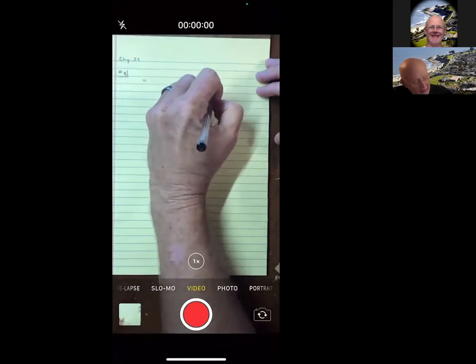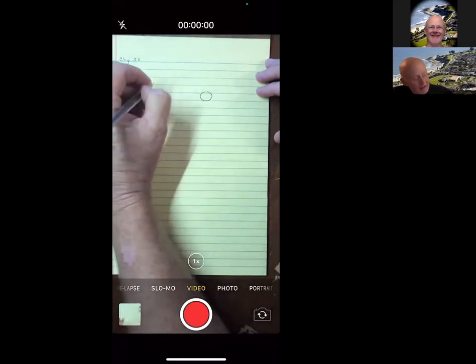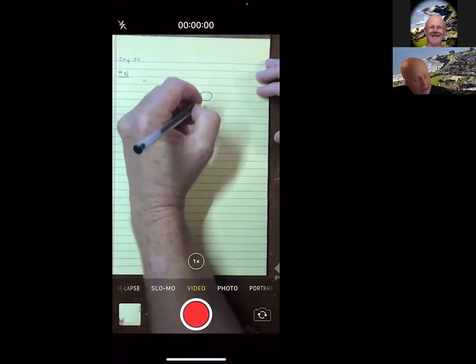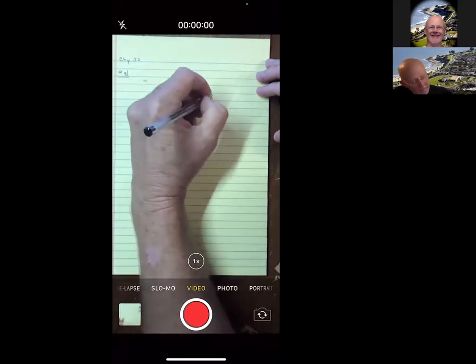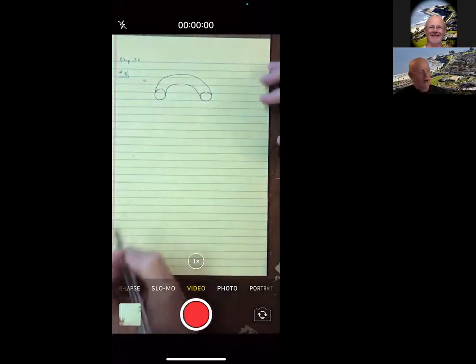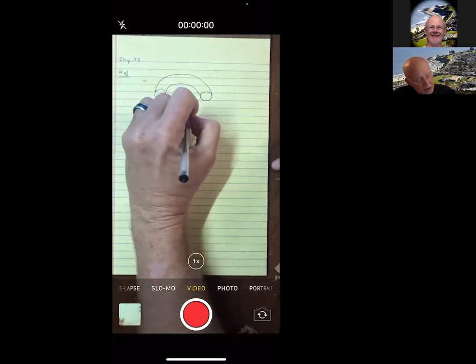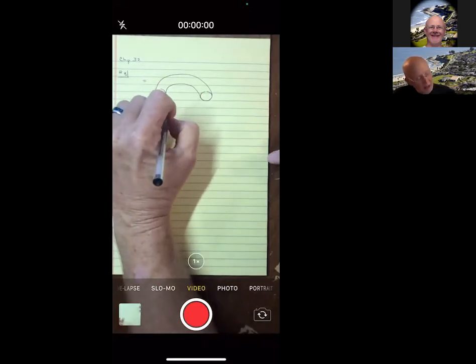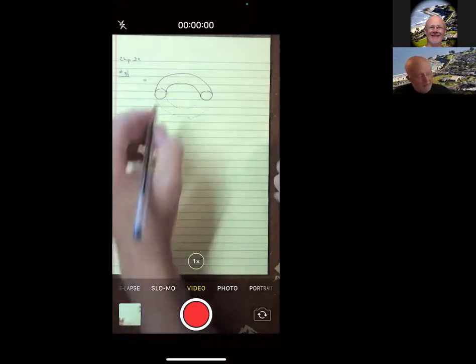I'll do kind of maybe a cross section here at first, and then maybe try to give a three-dimensional arc to it. So this would be the back half, and then as the picture shows, we're going to do a cutaway from the front half, so we don't really see the front half of it.